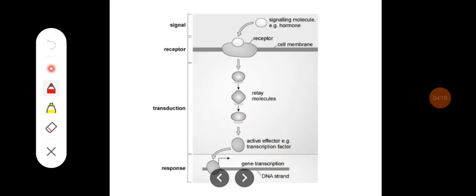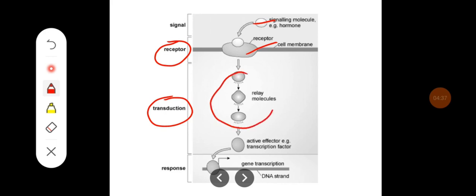So these are the different phases of communication. The first one is reception, where the ligand binds to a receptor. Then there will be transduction, where the conformational changes in the receptor activate the cascade of protein kinase synthesis, which are usually the secondary messengers.